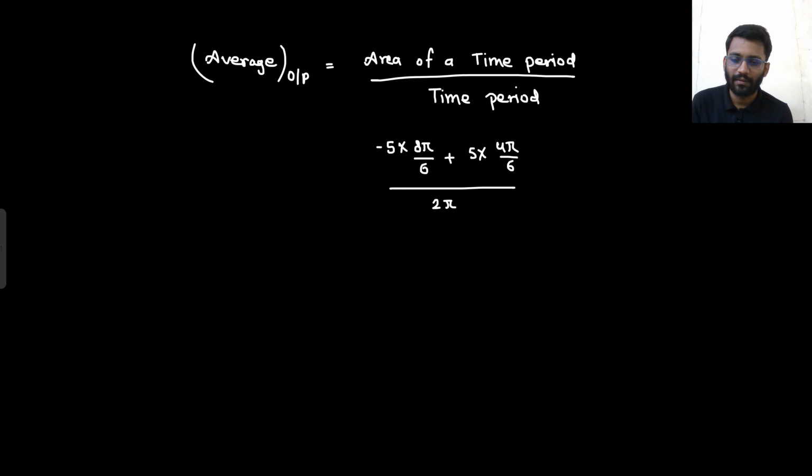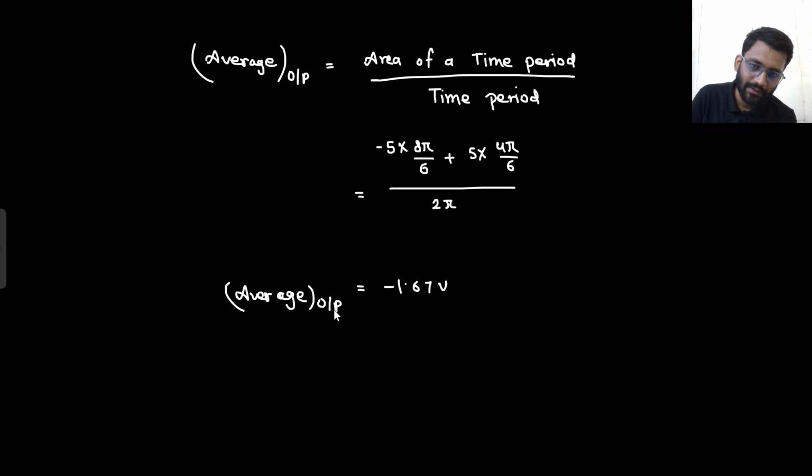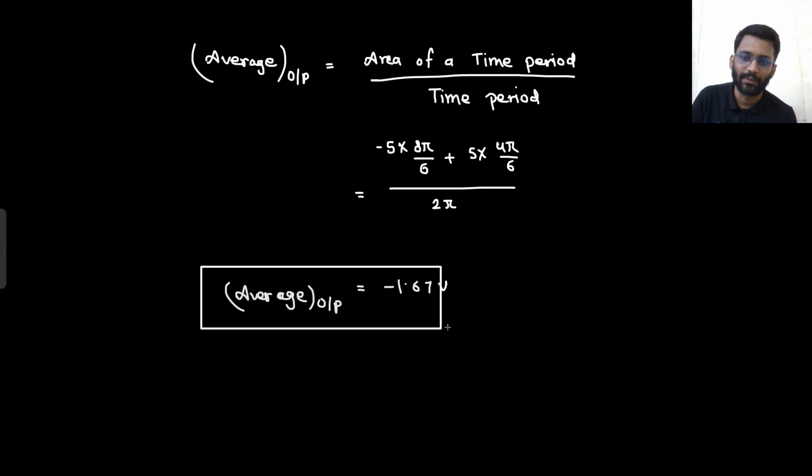Then you need to solve it. I will solve it and write down the final answer. If you solve it, you get minus 1.67 volt. So this is your average voltage of output. Minus 1.67 volt. You just need to solve it.